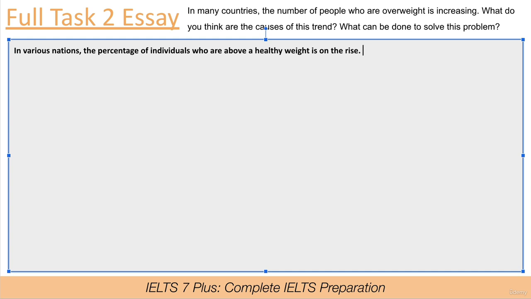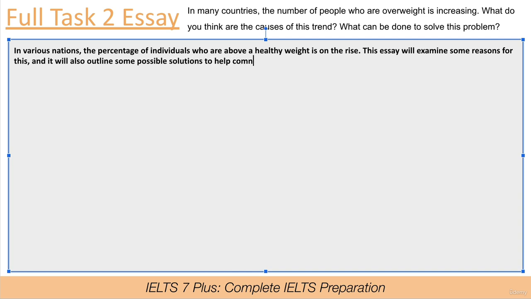Okay, that's good. Now let's outline what we're going to do in the essay. This essay will examine some reasons for this, and it will also outline some possible solutions to help combat this phenomenon.